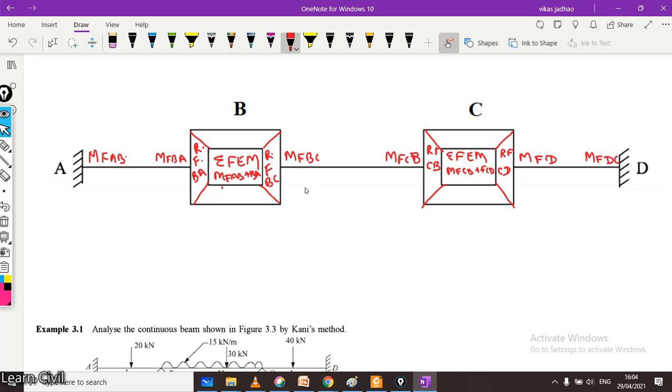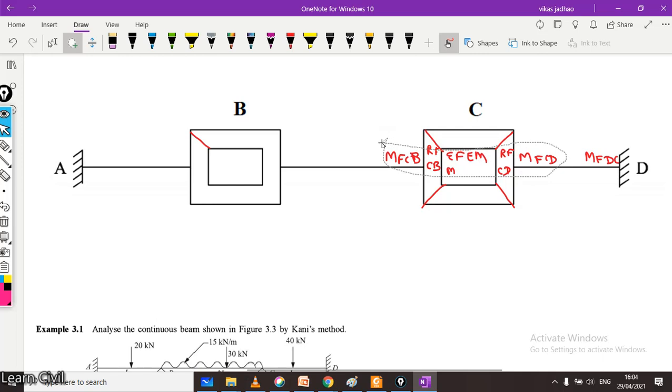Like this we will be writing the values, and then we will go for the iteration. Like this we'll complete the iteration procedure.